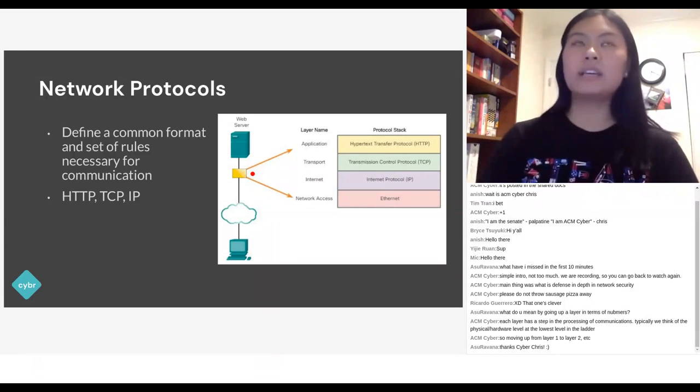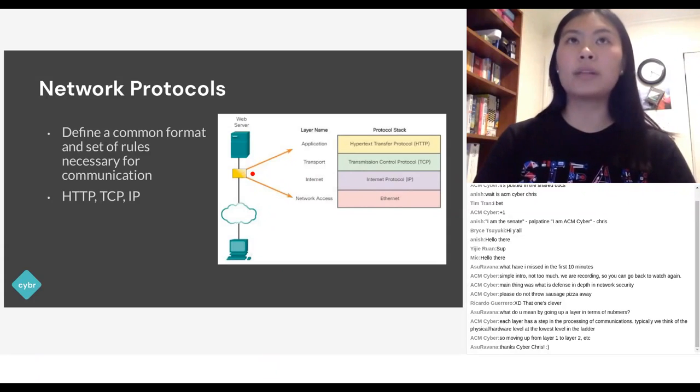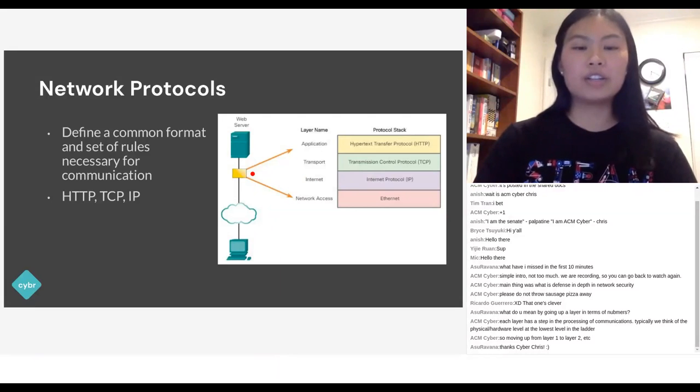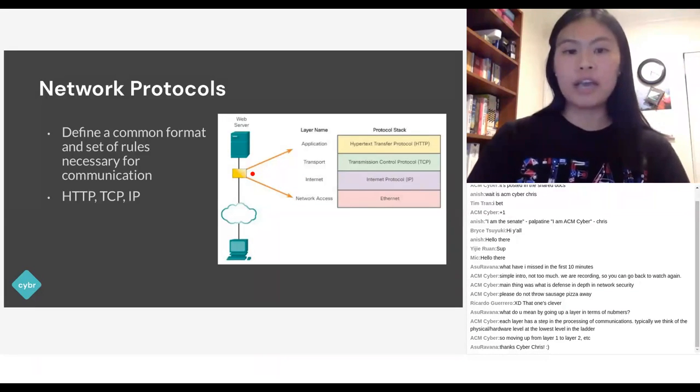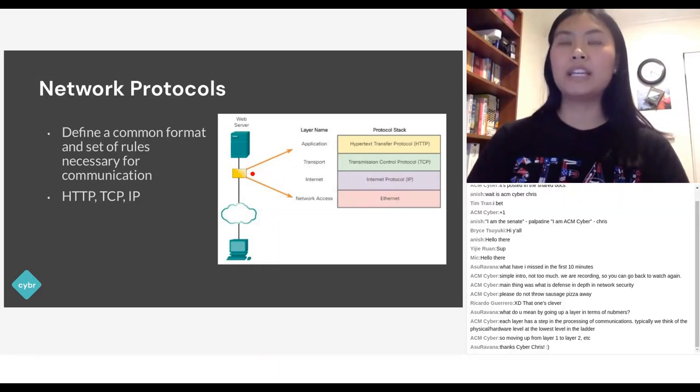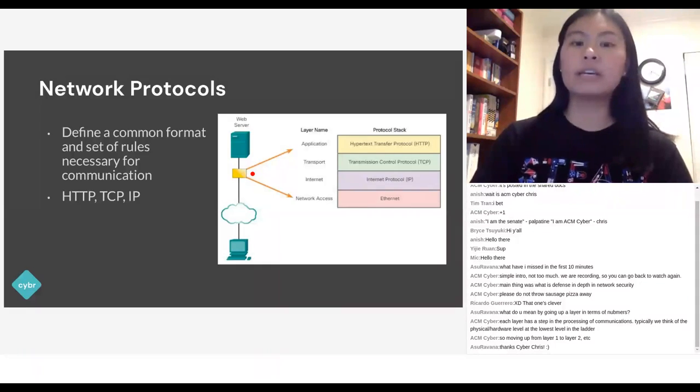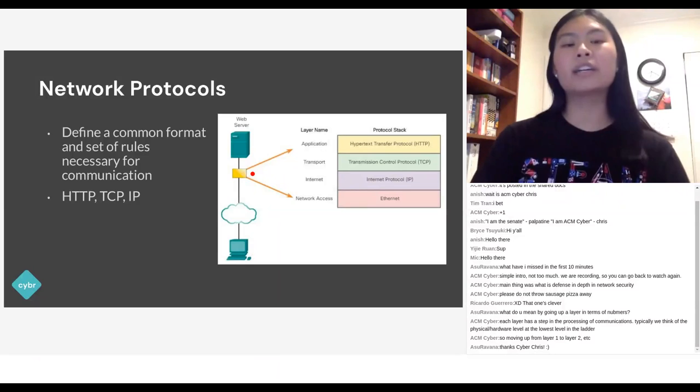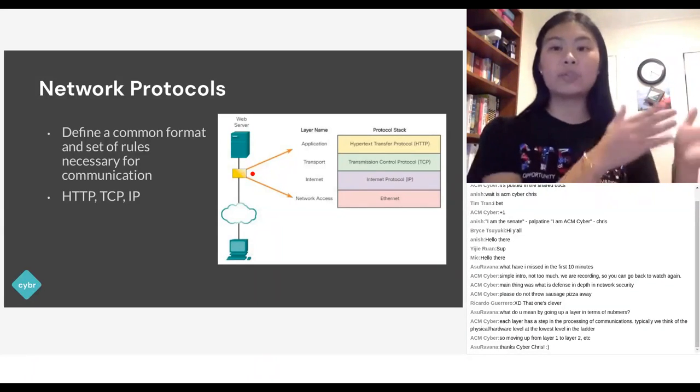TCP is a transport protocol, the other one being UDP, User Datagram Protocol, and it manages the individual conversations. In this case, if you remember, the PDU, or protocol data unit, would be called a segment in this layer. It controls the size and the rate at which messages are exchanged from host A to host B.